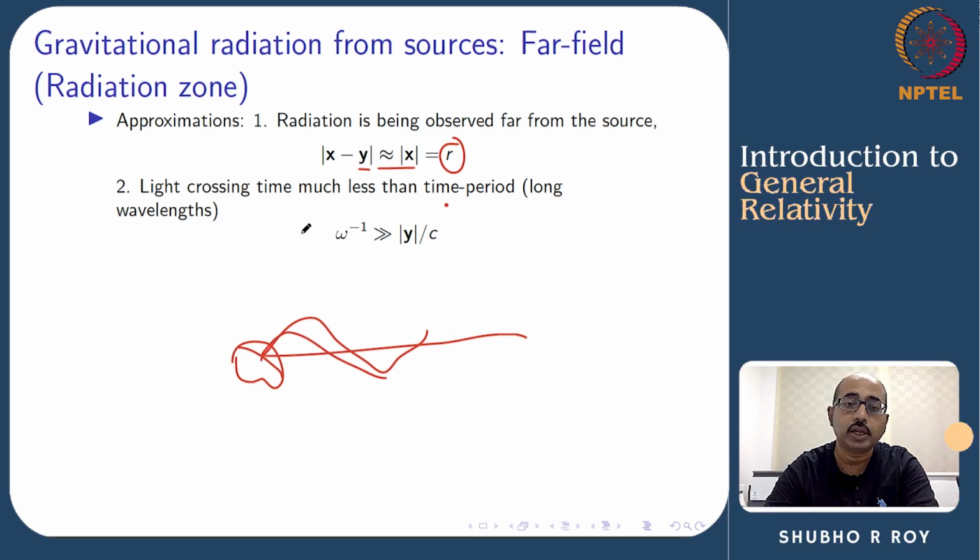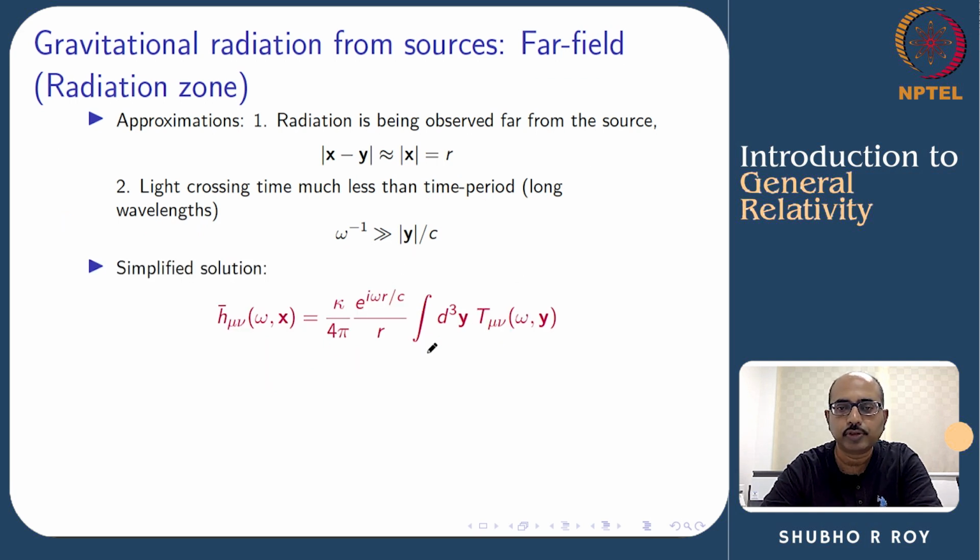Or, in other words, the light crossing time, that is the time light takes to cross the source, is much less than the time period of the fluctuation. Omega inverse is much larger than y over c, which is the light crossing time. This is the long wavelength approximation. So this pair of approximations we call the far field or radiation zone approximation.